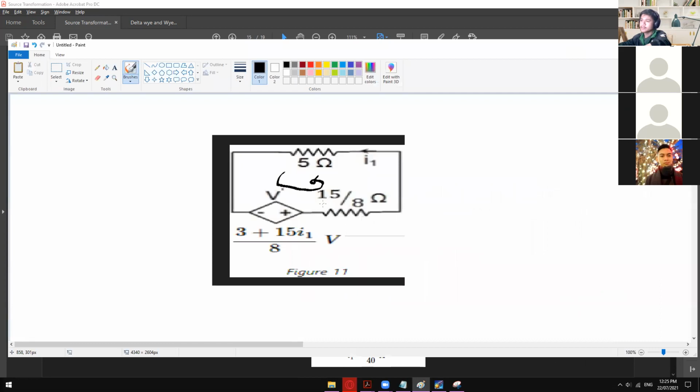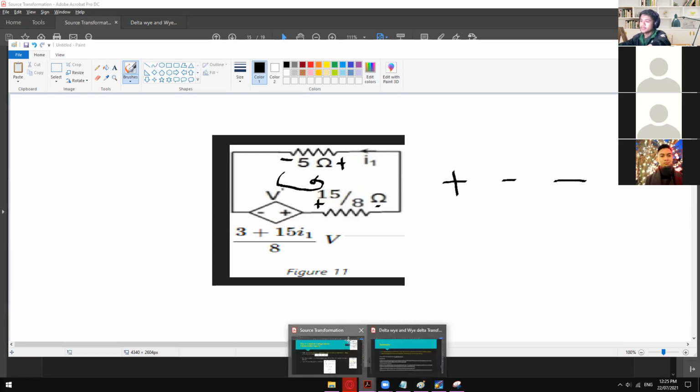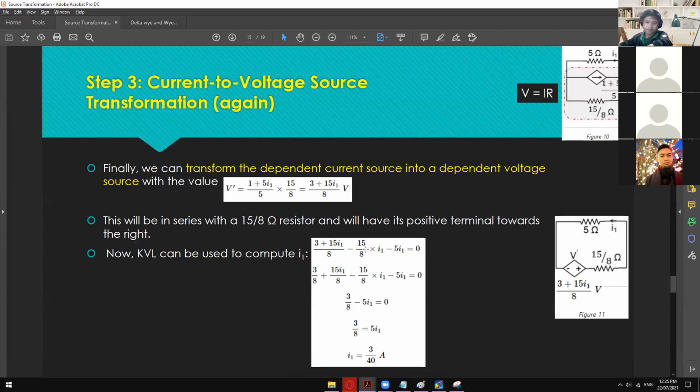Okay? So mangyayari nito is positive, negative, and then positive, negative. So pag ganun, positive yung voltage source, and then negative dito, and then negative ulit, which is now the same with this one right here.